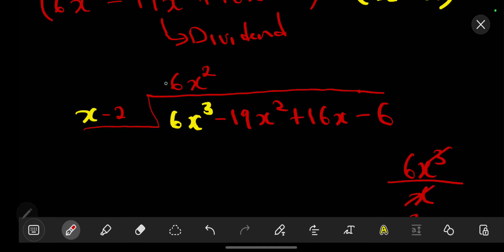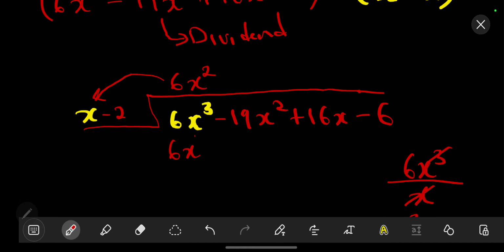Then this value shall multiply. It multiplies with this. So we have our 6x squared, then we multiply by x. This will give us 6x to the power of 3. So we write our 6x to the power of 3 here.